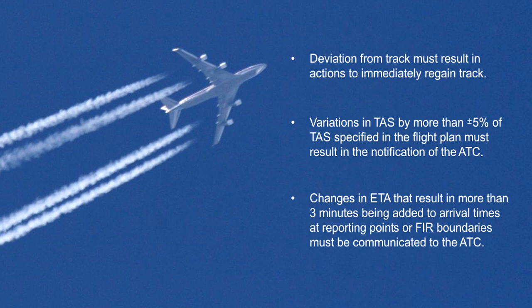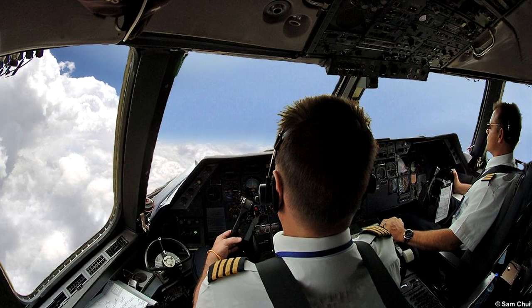Changes in ETA that result in more than 3 minutes being added to arrival times at reporting points or FIR boundaries must be communicated to the ATC. Weather deterioration below VMC that prevents maintenance of a current flight plan clearance must result in the requesting of a new flight plan or the following of a new routing that allows accommodation of the new VFR flight conditions.